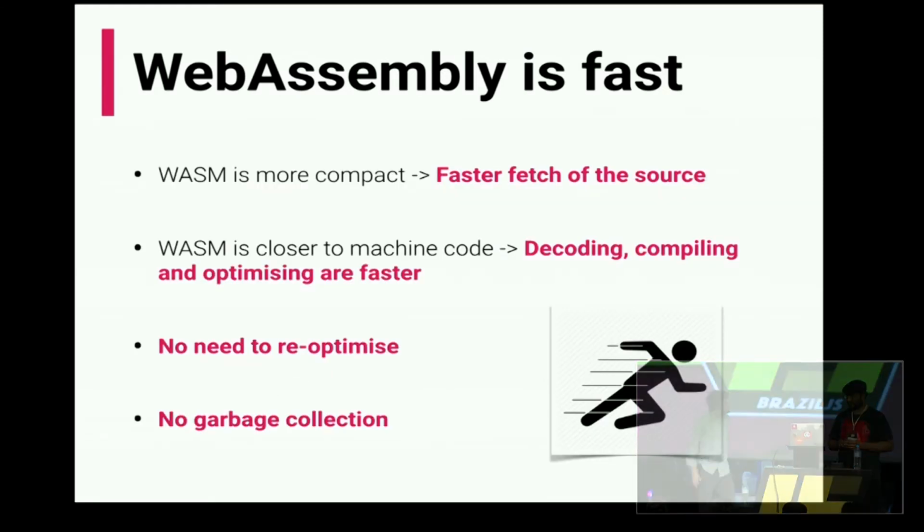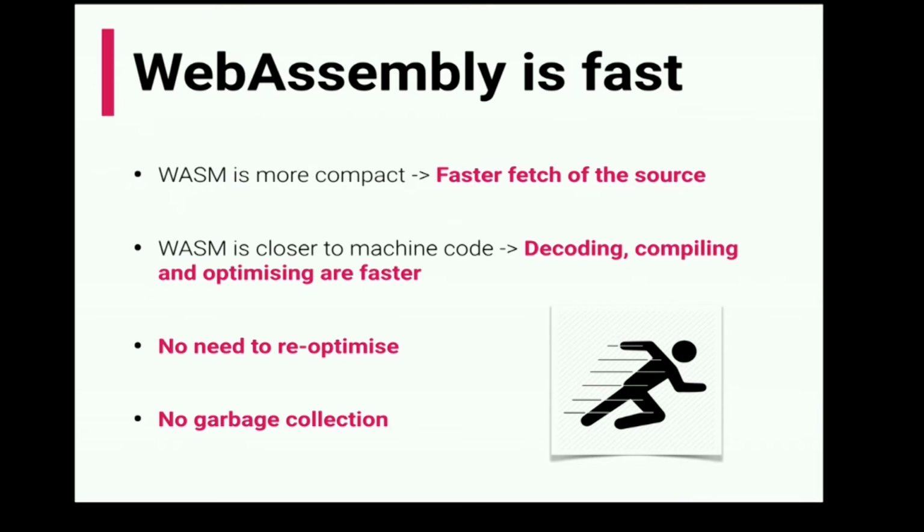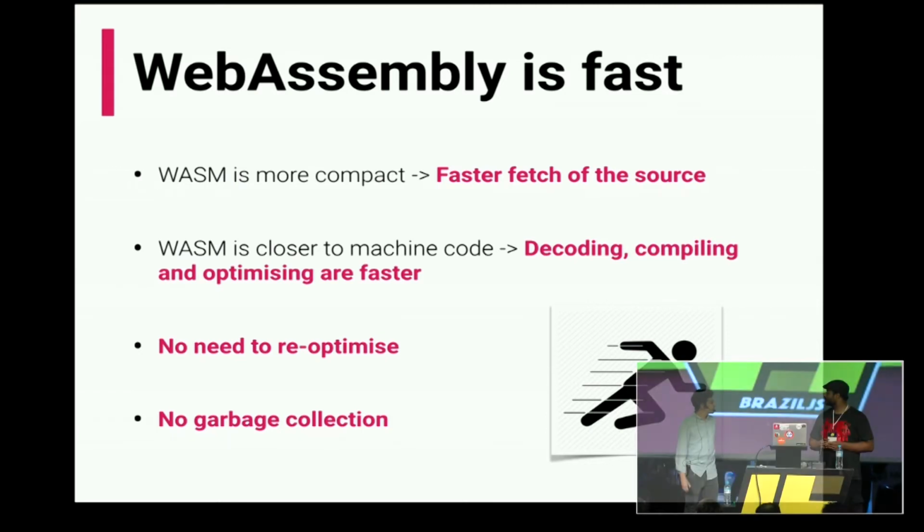On the opposite side, WebAssembly is supposed to be faster and it's expected to perform better. Why? First of all, WASM is more compact, so it's faster to fetch. In addition to that, WASM is a binary format, so it's way closer to machine code than JavaScript. And so the phases of decoding, compiling, and optimizing are faster.